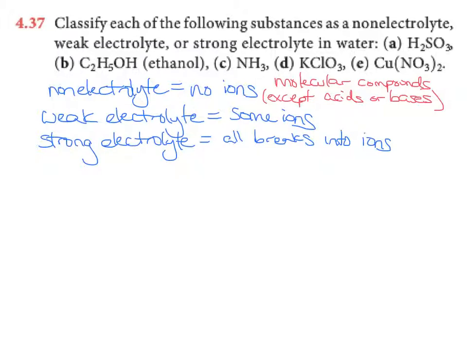Weak electrolytes, the only time you're really going to see weak electrolytes is if you have a weak acid or a weak base. Strong electrolyte, strong acid, or strong base.